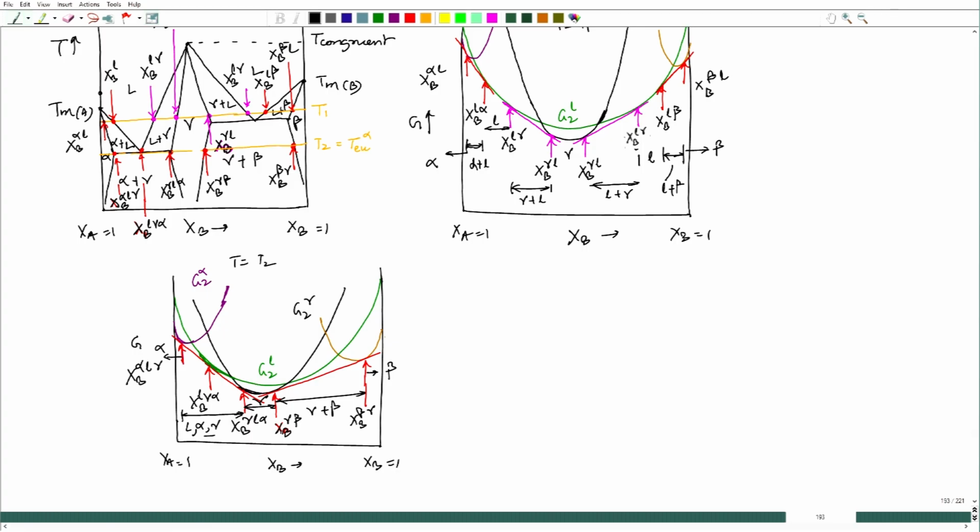So, now I could see there is a good, unique correspondence between the free energy composition diagram drawn at T2 and the phase diagram at T2.